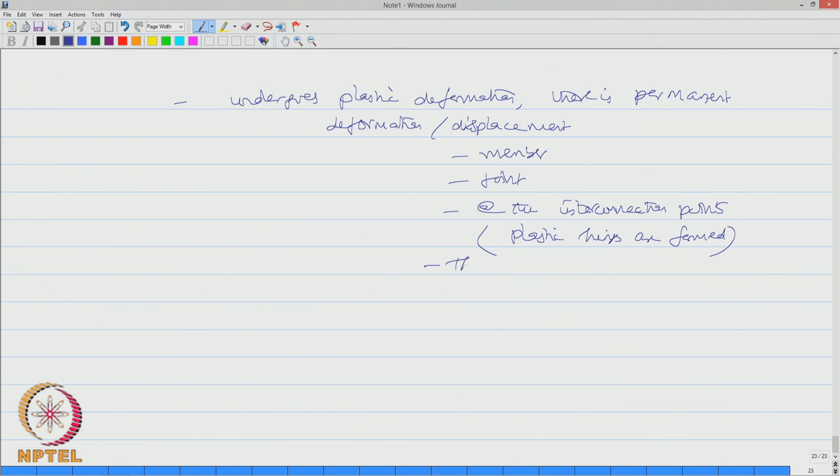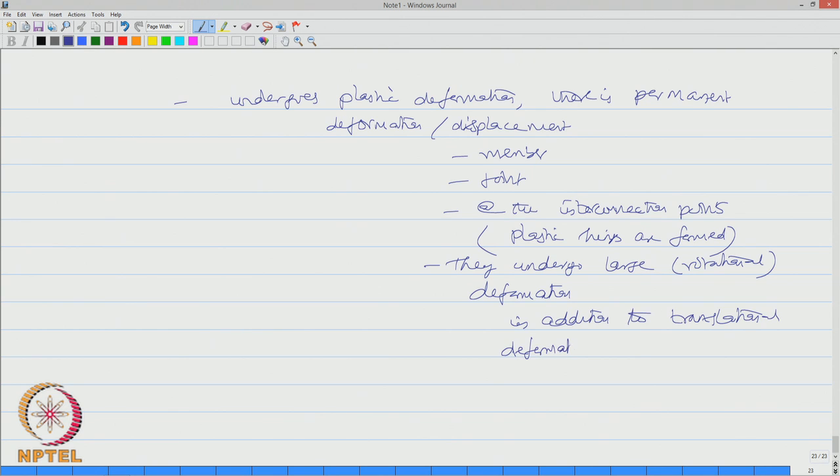So, they undergo large rotational deformation in addition to the translational deformation, which is essentially caused because of their compliancy, or I should say flexibility.